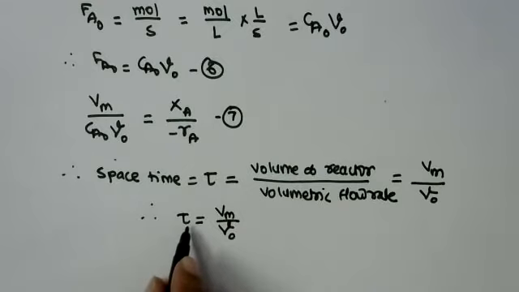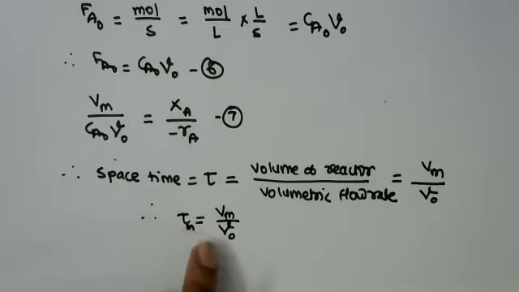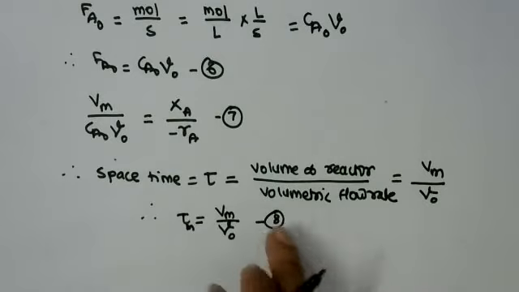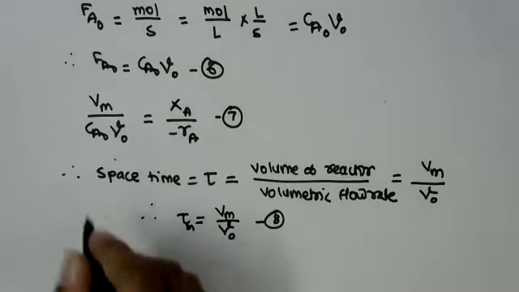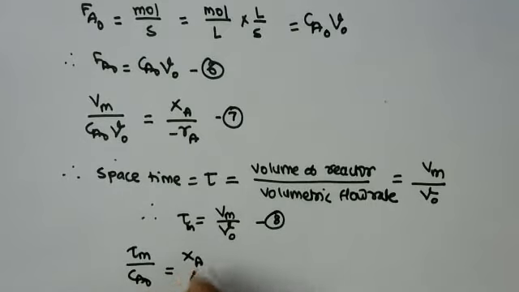Since we are dealing with the mixed flow reactor, we'll write it as tau m, pronounced as space time for the mixed flow reactor. Let us substitute this equation 8 into equation 7. Once Vm by V0 is replaced by tau m, we can rewrite this equation as tau m upon CA0 is equal to XA upon minus RA.